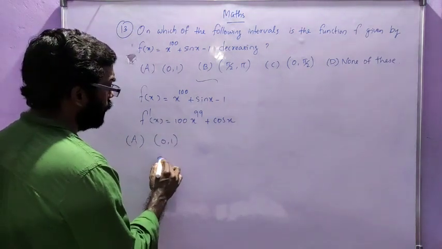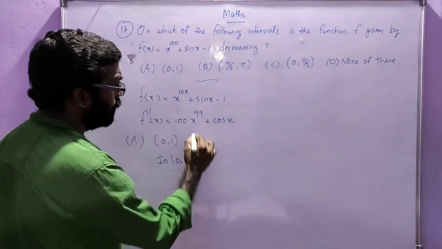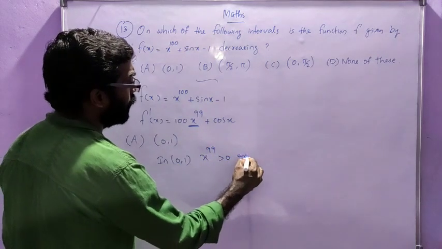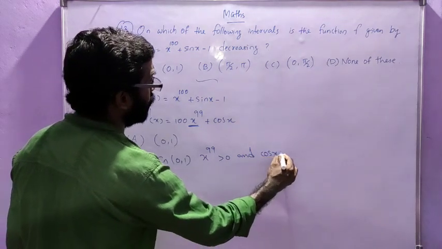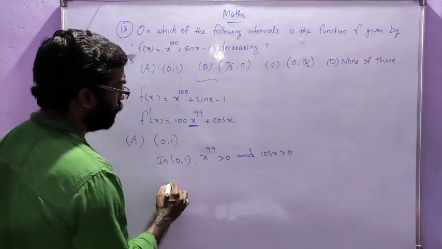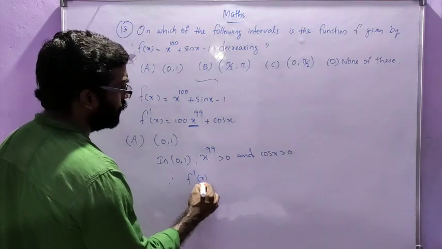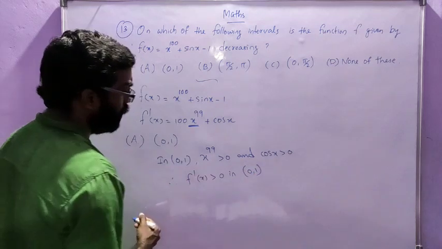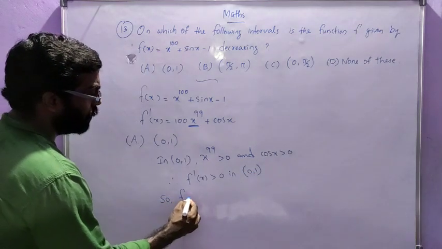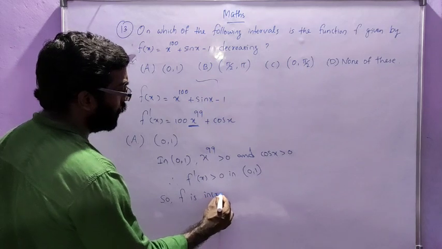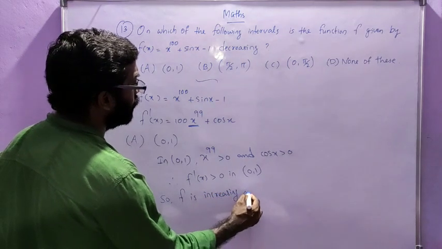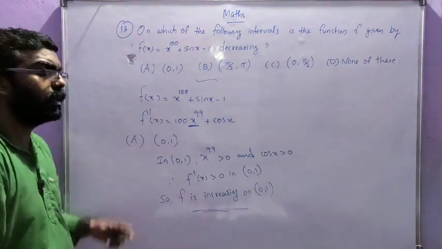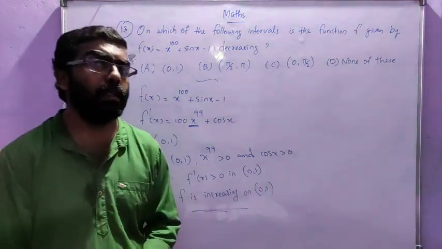So we can write in 0 comma 1, the first term x raised to 99 is greater than 0 and cos x is also greater than 0. Therefore f dash of x is greater than 0 in open interval 0 comma 1. So f is increasing on open interval 0 comma 1.